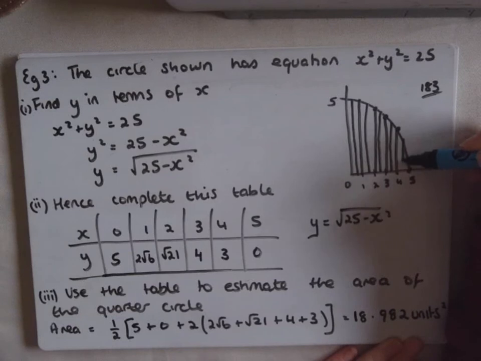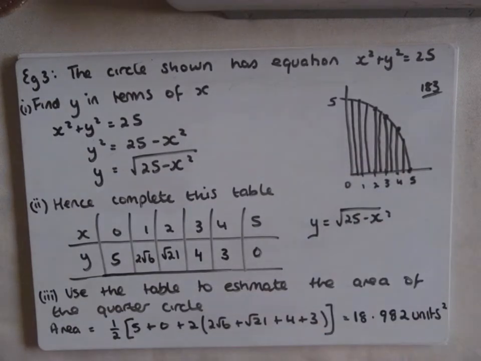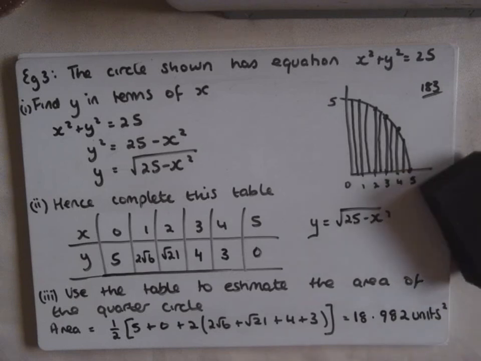Now, I can see these are equal intervals of 1, so they didn't have to tell me that my h is 1. Okay, so my area is going to be h over 2. First height here is 5. Last height here is 0, plus 2 times all the others.